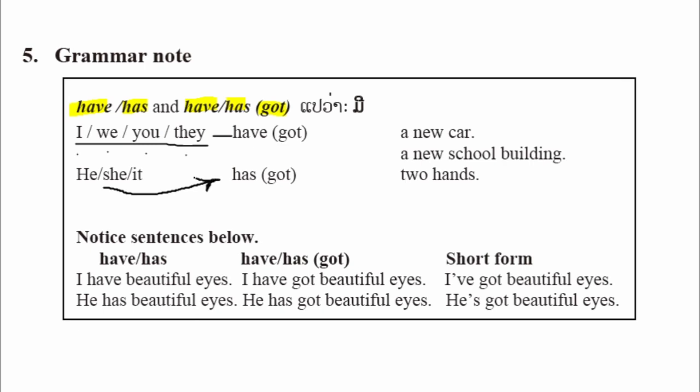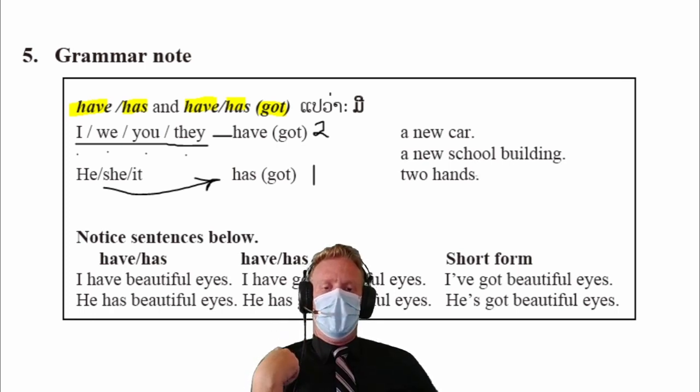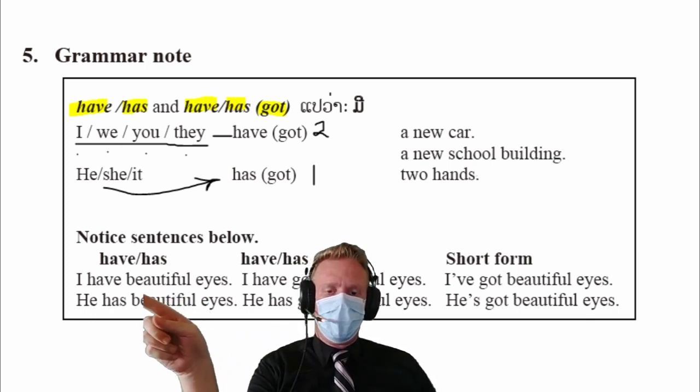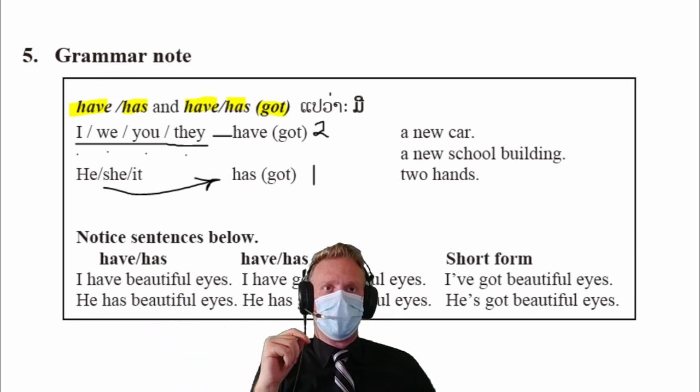Right, so you can immediately see that we use have for two things, and has for one. And it is your subject we are talking about. So, for example, I have beautiful eyes.